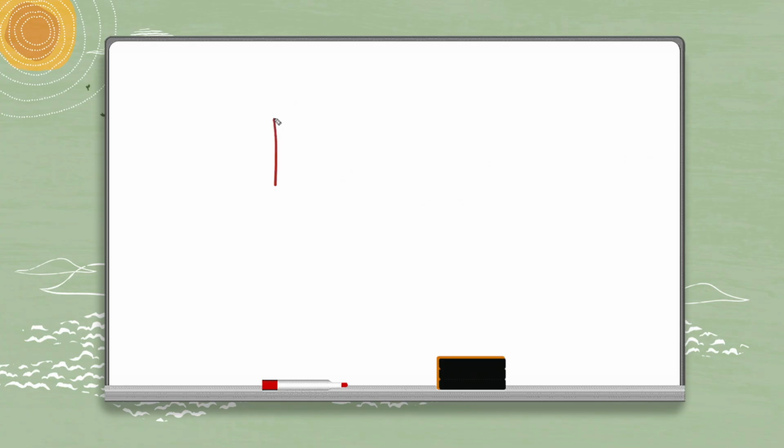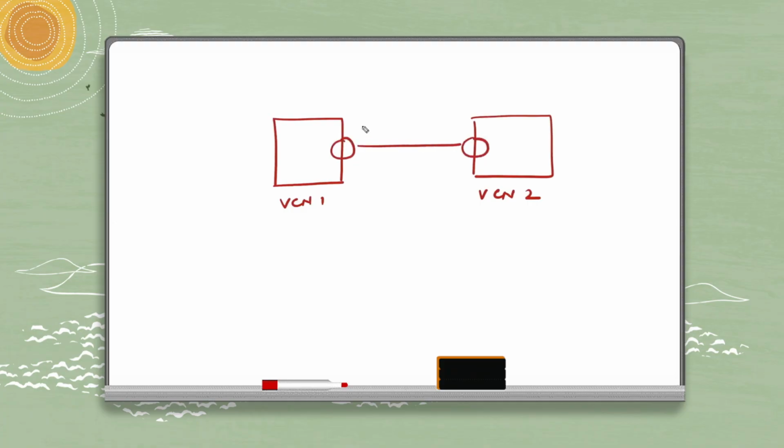Another thing, let's say these two VCNs are peered using local peering gateway. And let's suppose this VCN also has an internet gateway. Now the question here is, can this VCN use this internet gateway to send traffic to the internet?